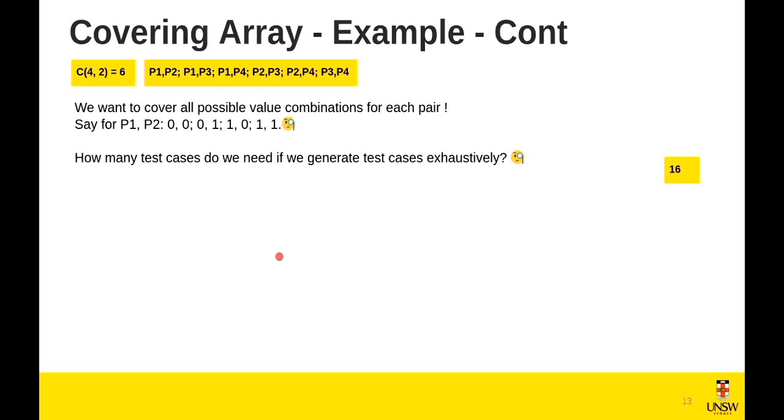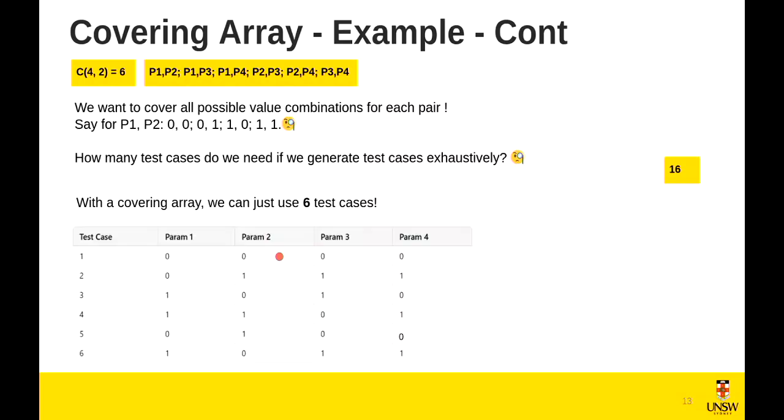How many test cases do we need? 3 to the power of 4, actually, if we generate the test cases exhaustively. With a covering array, we can use just 6 test cases to cover all the possibilities for each pair of inputs. And let's see why.